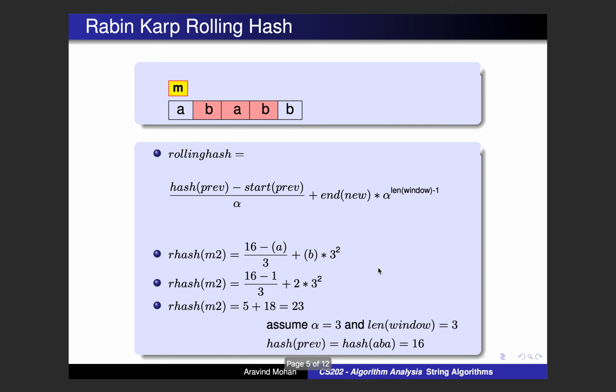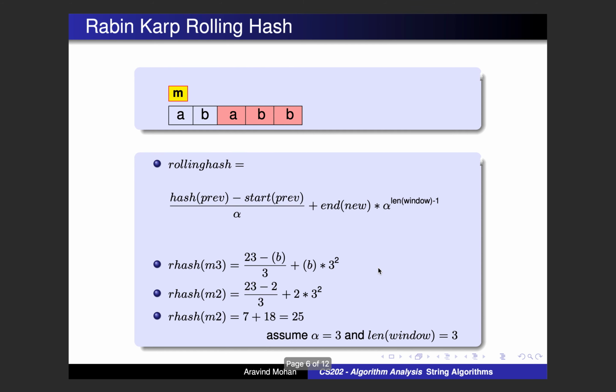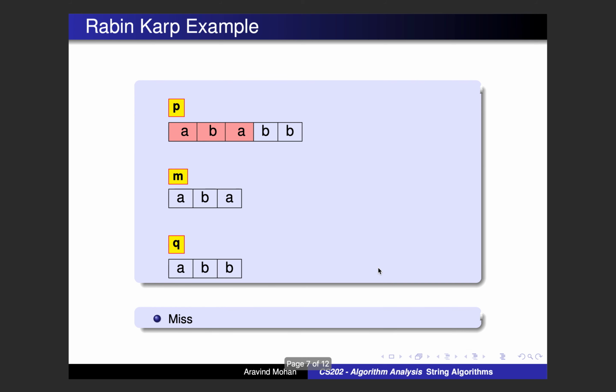If we solve this mathematically, we get the new hash for the second window, M2, to be 23. The same thing can be done for M3, and we find that the rolling hash of M3 is simply going to be 25.